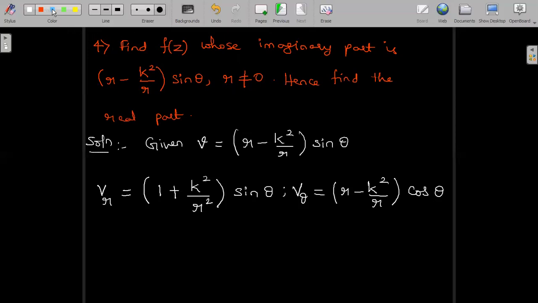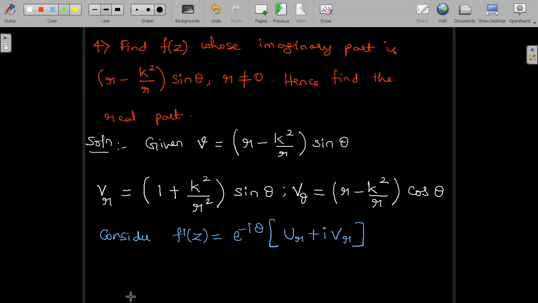Now the purpose of finding these partial derivatives is to consider the f dash of z expression. So let us consider the expression for f dash of z. It is given by e power minus i theta into (ur plus i into vr). Now vr we are aware to substitute, but we don't know ur.